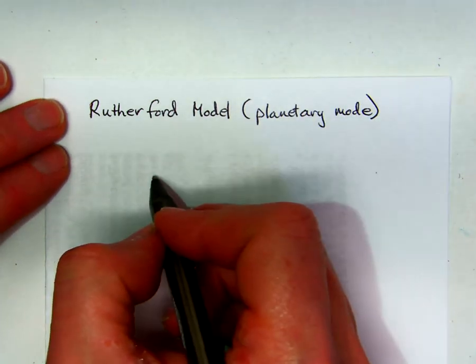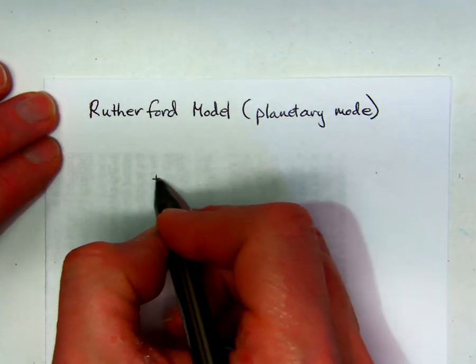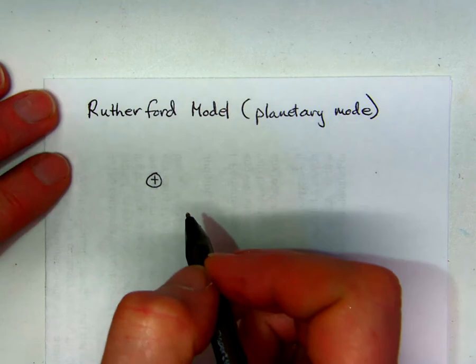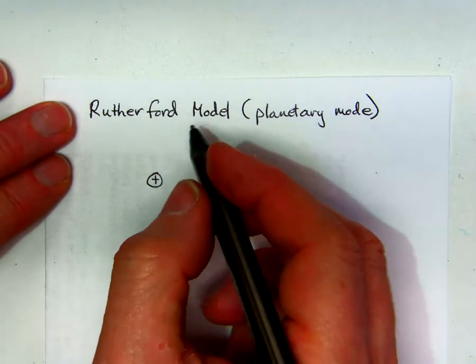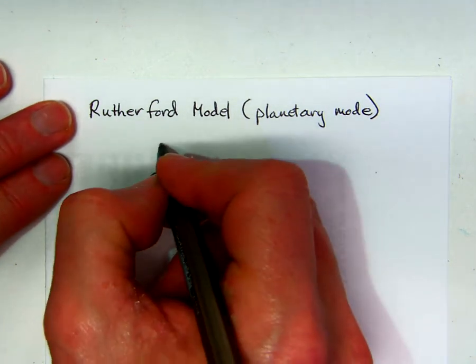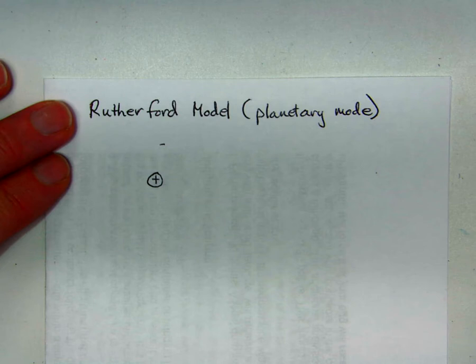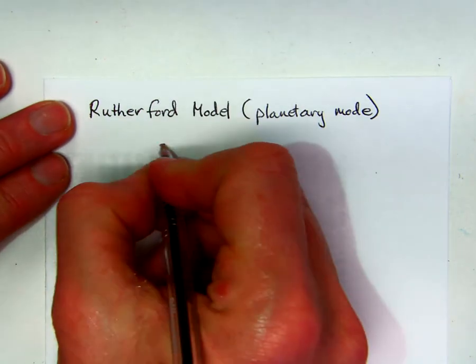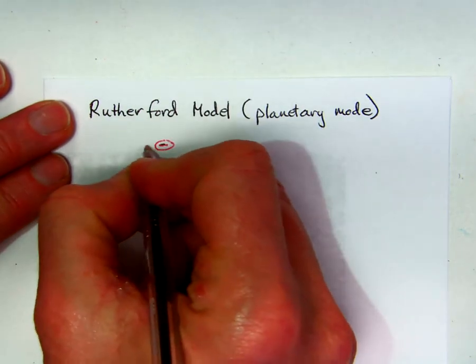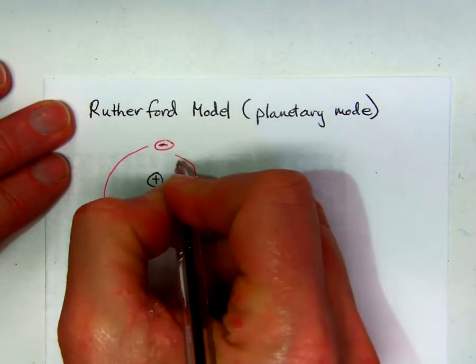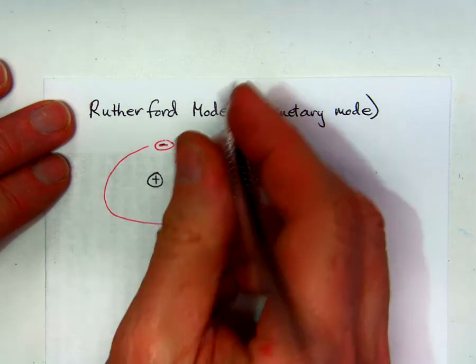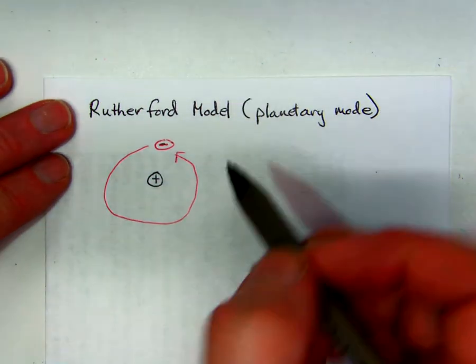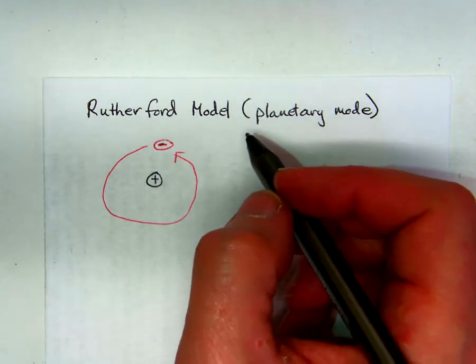Where we have a positive nucleus with electrons orbiting around it, and mostly empty space between.